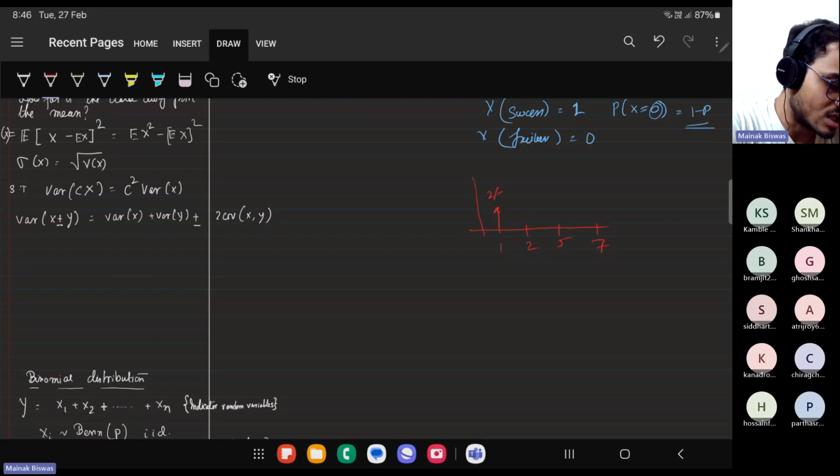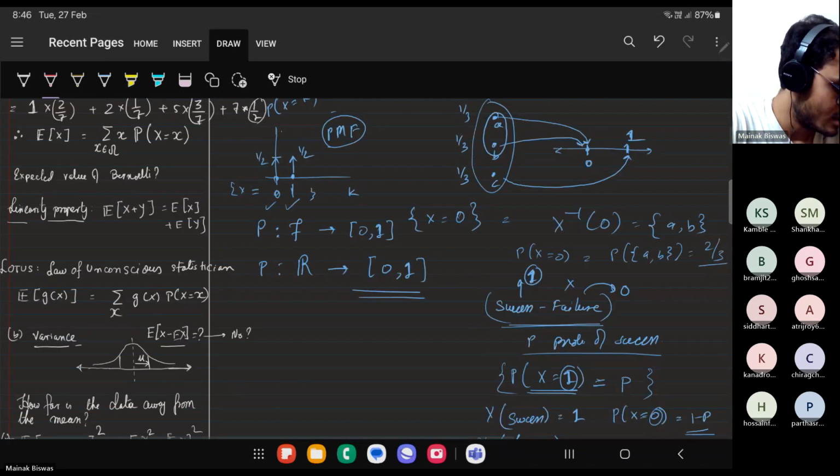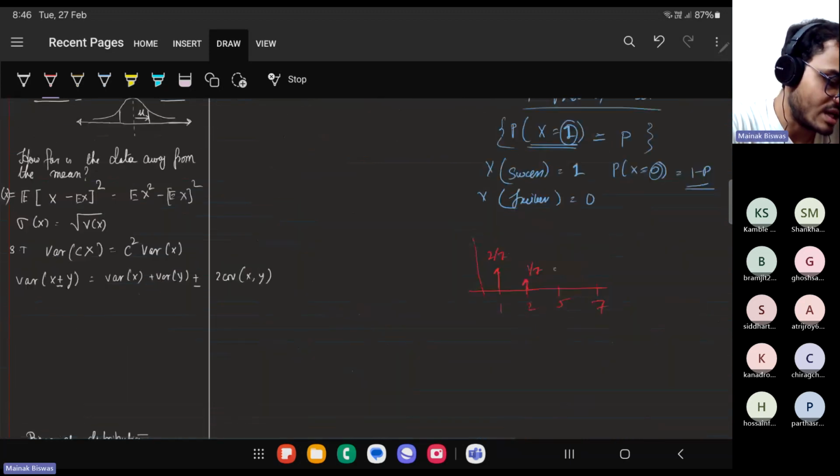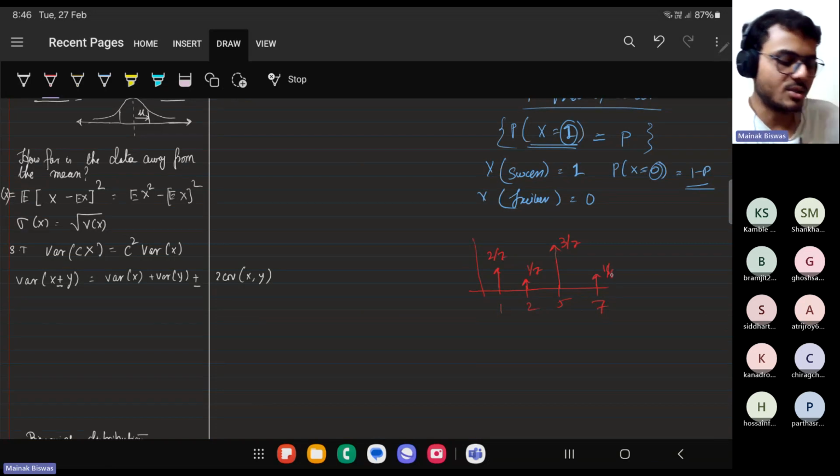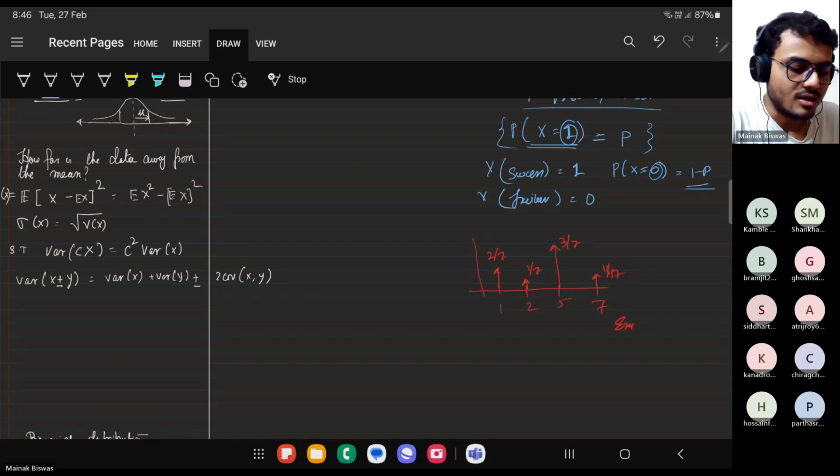Yes, this is what I wanted to know. So 1 by 7, and then for 5 it will be 3 by 7, and for 7, 1 by 7. Correct. So this is known as empirical probabilities or empirical mean.